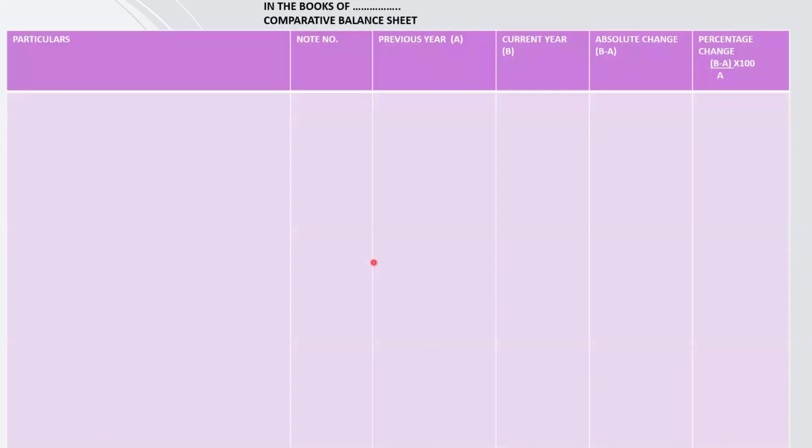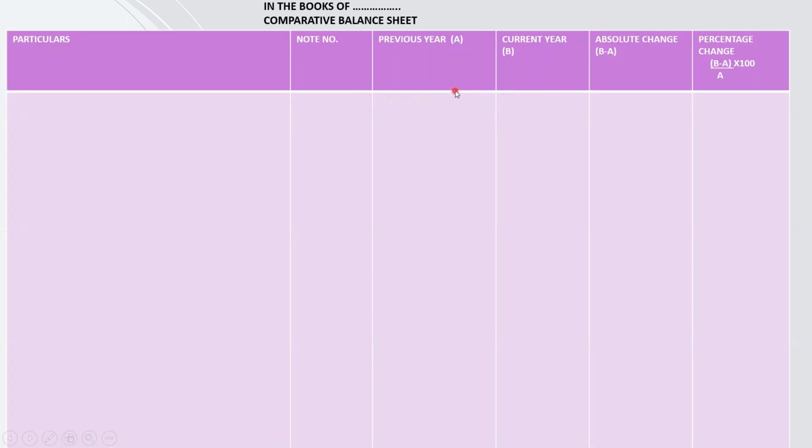Let us first recapitulate the format of comparative balance sheet. You can see in this format, the first column is particulars, the second column is note number, third column is previous year and then current year.